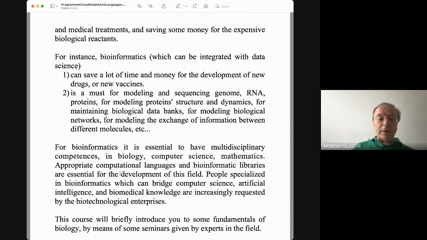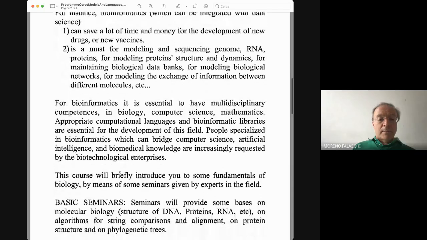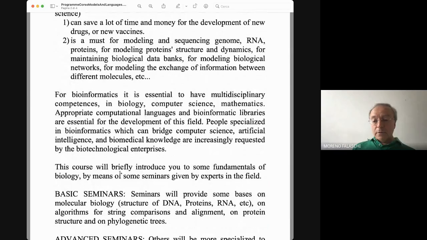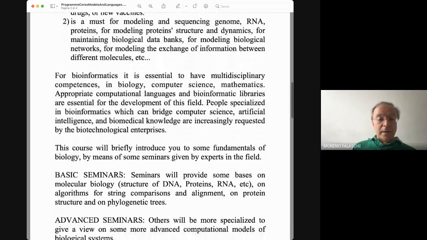So this course will start by briefly introducing you to some fundamentals of biology by means of some seminars given by experts in the field.